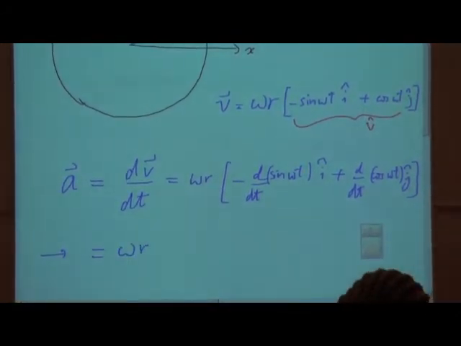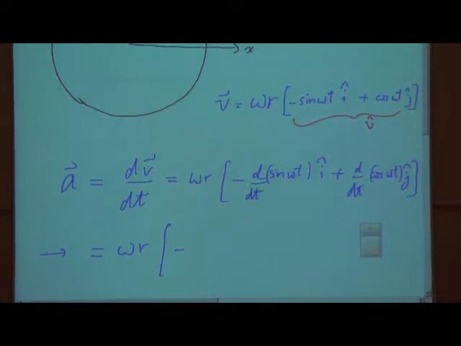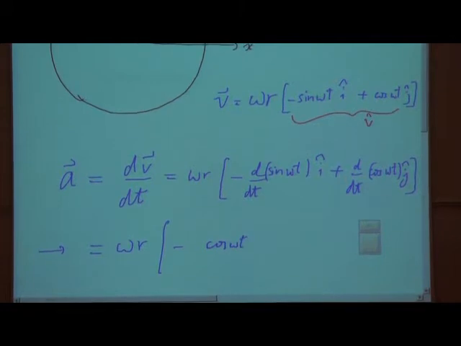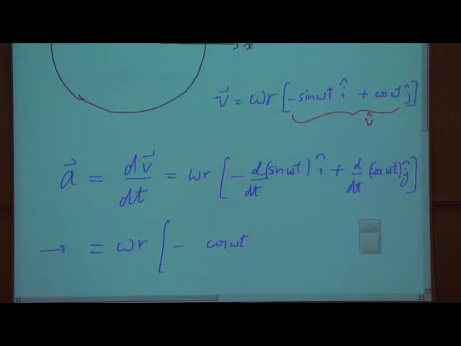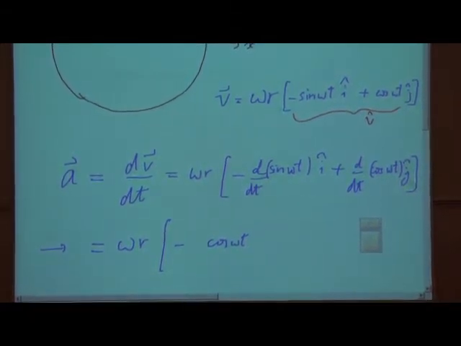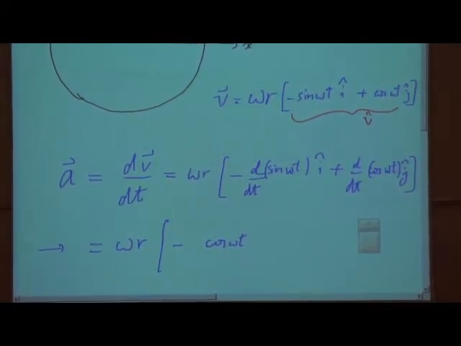The derivative of sine, well, I put the minus sign already here. The derivative of sine is cos. The derivative of sine omega t with respect to theta, or omega t, is cos omega t. But now I have to multiply this with the derivative of omega t with respect to t. And what does that give me? Omega. Just as before.